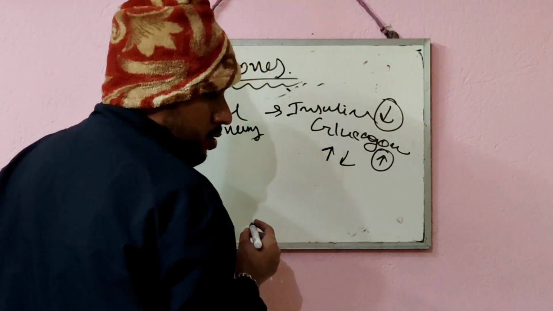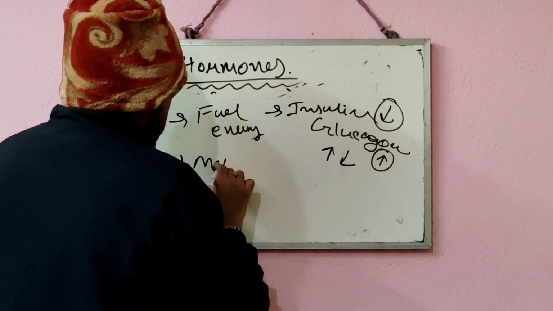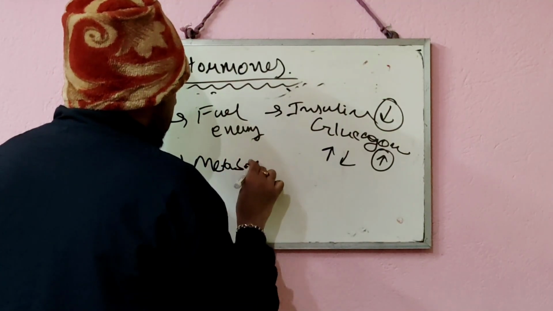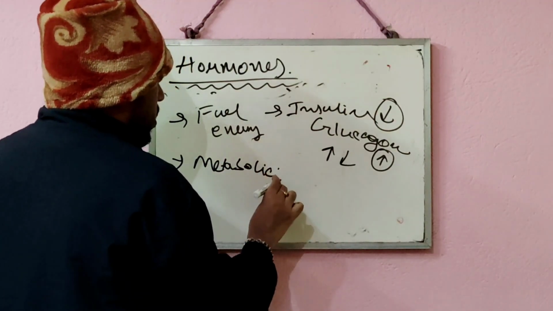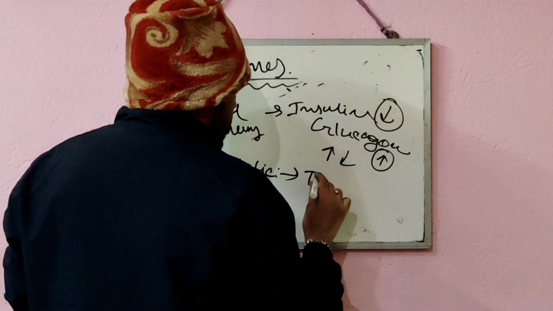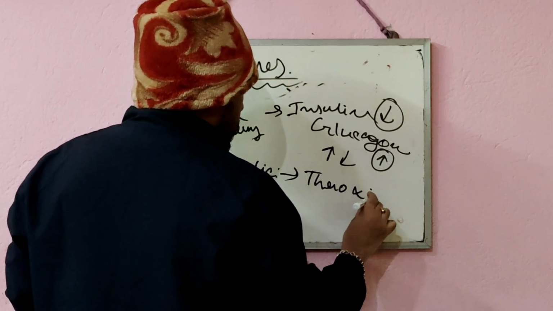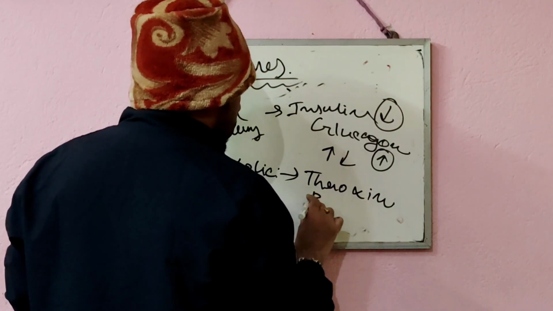Second one is metabolic hormones. They act in different metabolic functions of our body. Examples are thyroxine and parathyroxine.